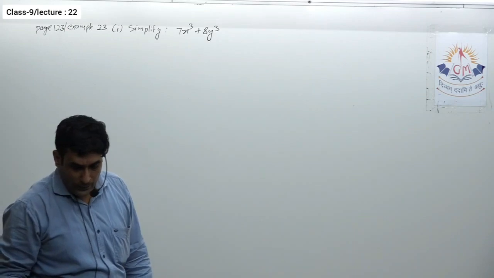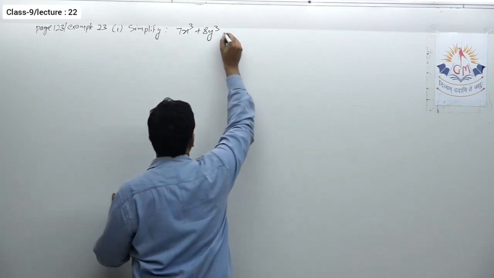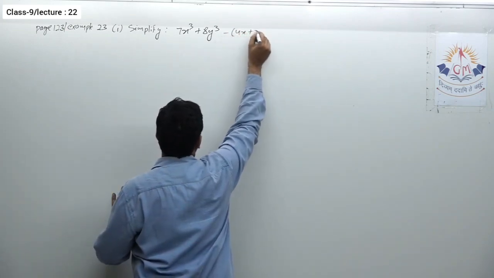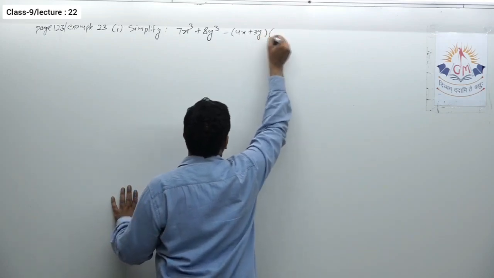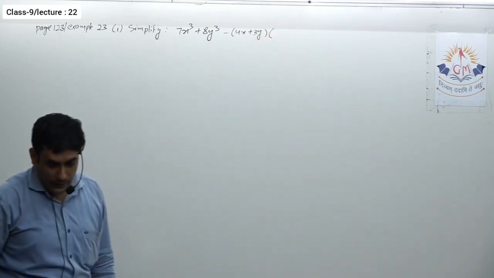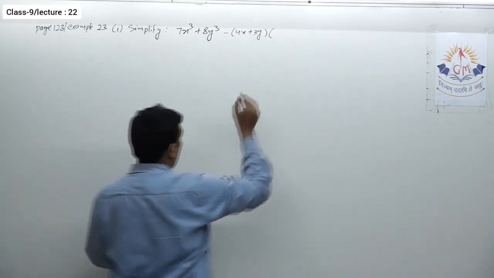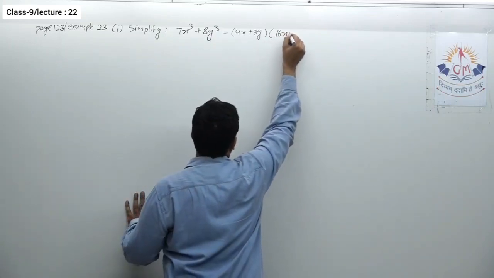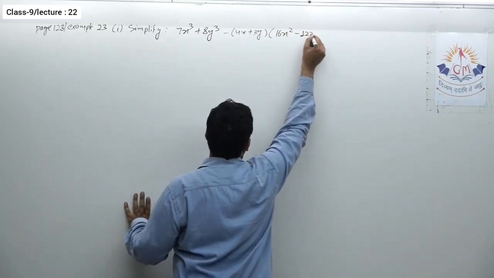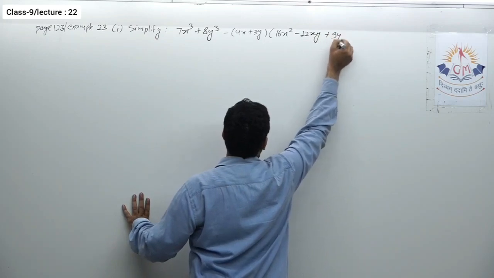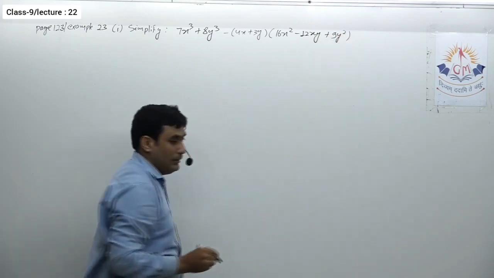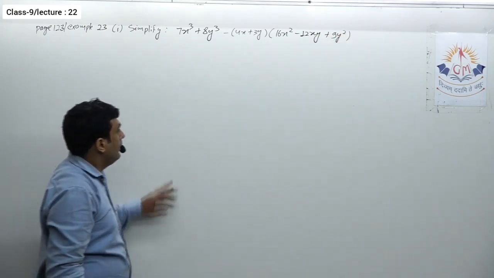Further it is written minus 4x plus 3y and 16x square minus 12xy plus 9y square. We have to simplify this.